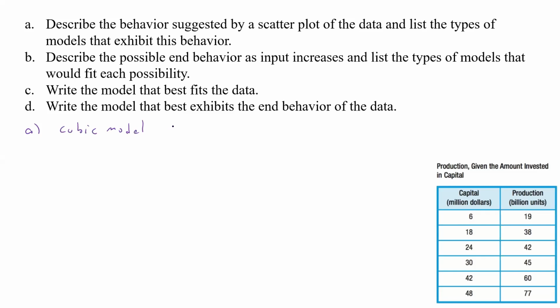We have it was concave down and then concave up. So concave down, then up with inflection point. Okay, and so that really seems to be the key thing. So the end behavior as input increases, well, it's going to increase without bound.